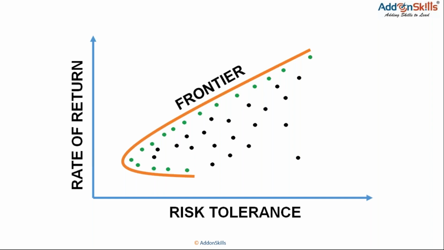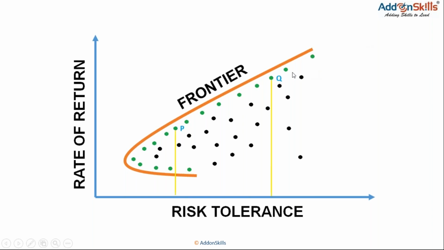So which portfolio will you select among the given portfolios which are closer to the frontier curve? Remember, there cannot be any portfolio above the frontier curve. Now, there are two portfolios in this example, P and Q.